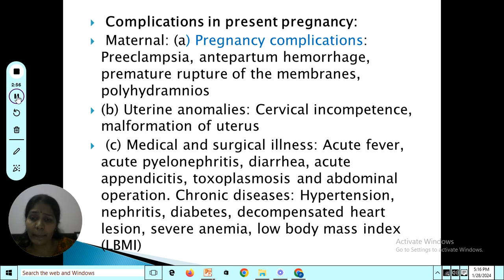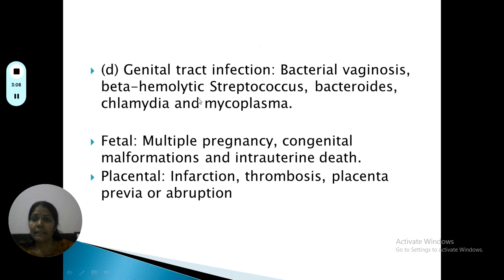Chronic diseases like hypertension, nephritis, diabetes, decompensated heart lesions, severe anemia, and low body mass index. These are all the risk factors that can also lead to a preterm labor in the present pregnancy. Then we have genital tract infections, that is the bacterial vaginosis, beta hemolytic streptococcal infections, chlamydia, and mycoplasma, as well as the bacteroides.